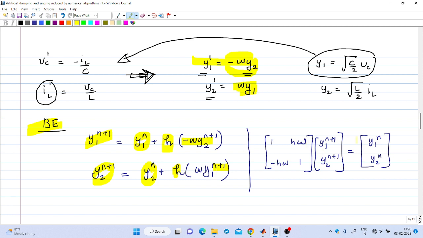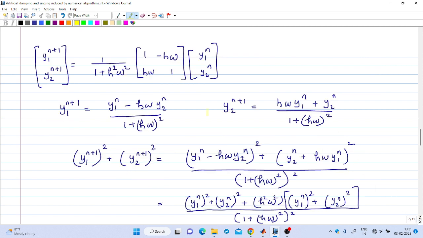So this can be written in matrix form like this. And y1 n plus 1 and y2 n plus 1 we can solve for these two. You can just invert the previous matrix and it will take this form. And y1 n plus 1 will be this, and y2 n plus 1 has this value.